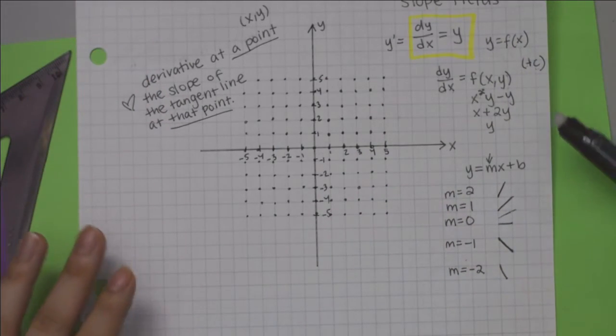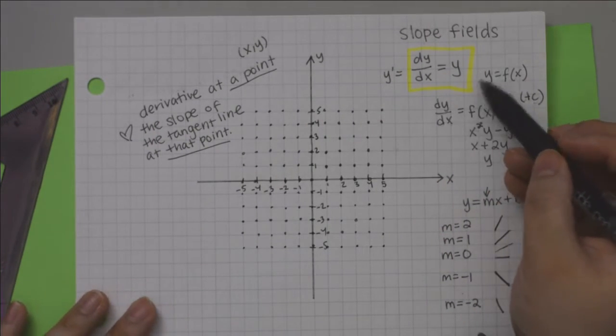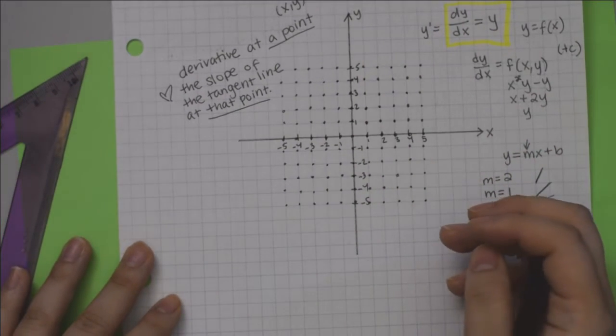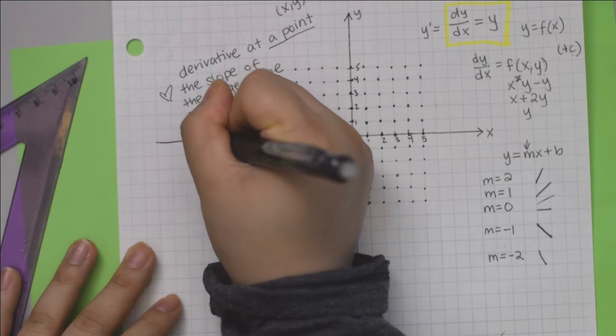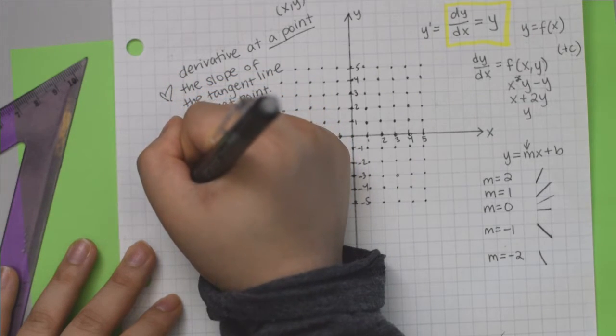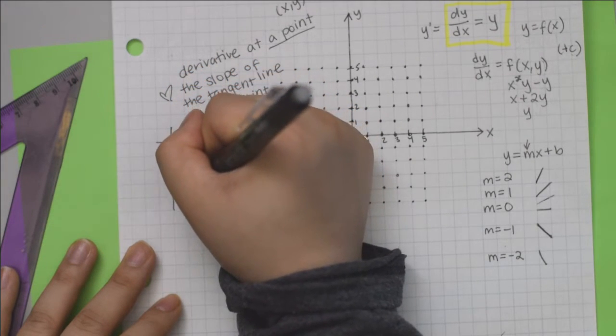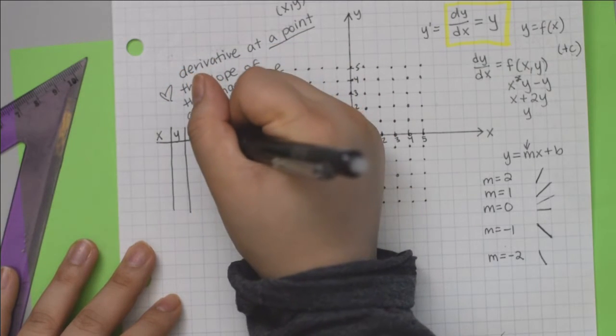So what we're going to do here for dy/dx equals y is we can just set up a table. In this question, you don't really need one, but I thought that we could generalize this process for other equations, so we might as well have a setup here.